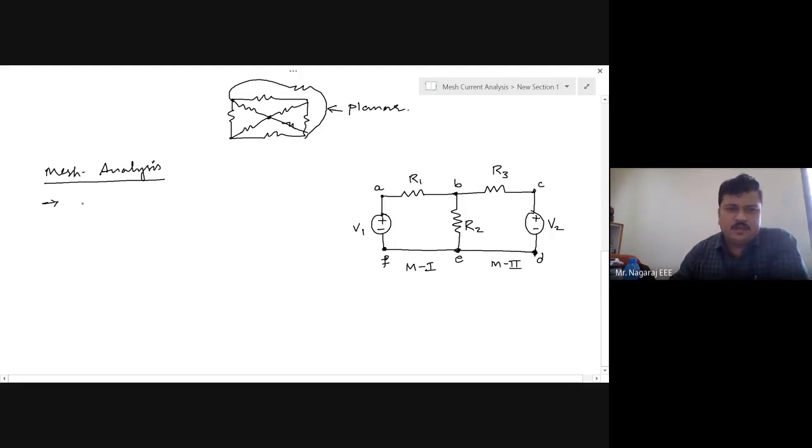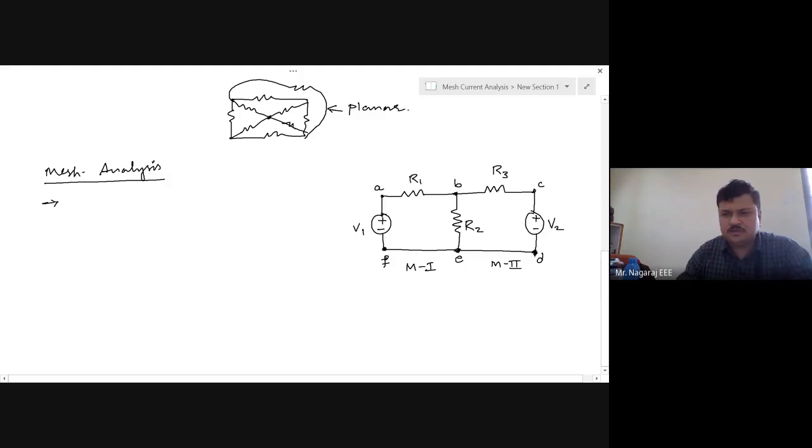Then I should be now writing KVL equation for each mesh. But to write KVL equation, I need to know what is the current in that particular branch across which I am applying KVL. Now, if I want to apply KVL to this first mesh, I should know the polarity of V1, which I know because it is a source. But I don't know the polarity of potential difference across R1 and R2.